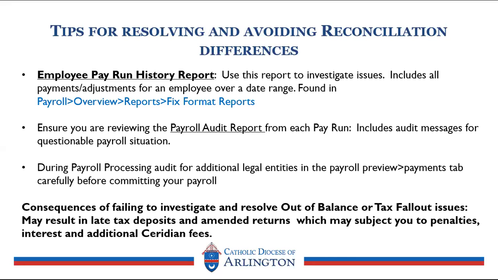Before committing your payroll, ensure you are reviewing the Preview Payments tab for any additional legal entities listed that shouldn't be there. Being proactive in resolving all out-of-balance issues, including tax code fallouts before the last Friday of the quarter, will ensure accurate reporting and reduce the need for costly amended returns.